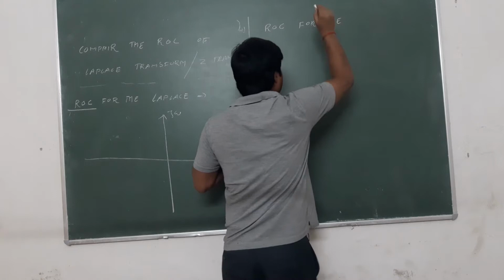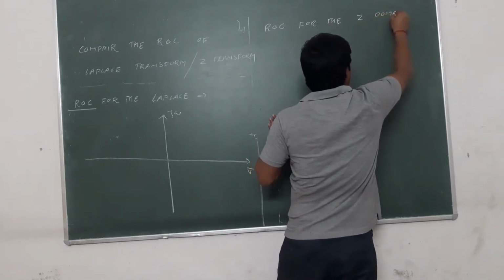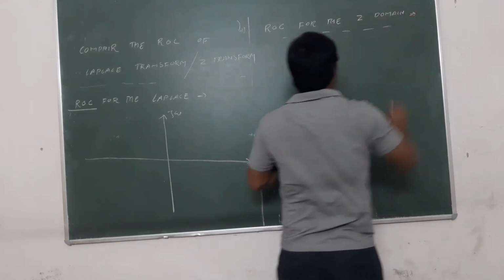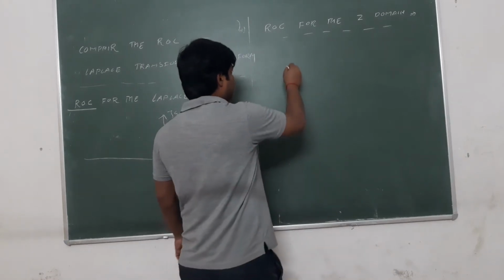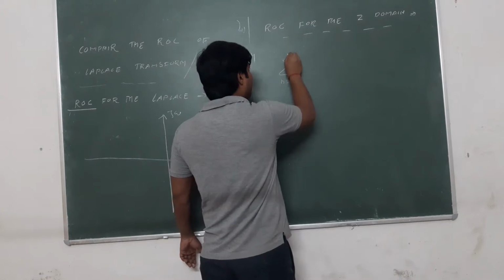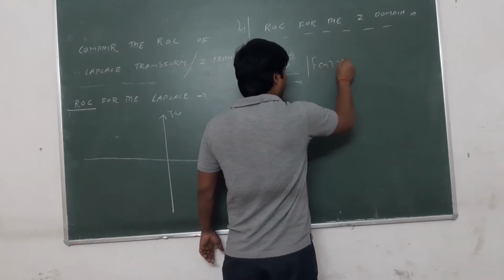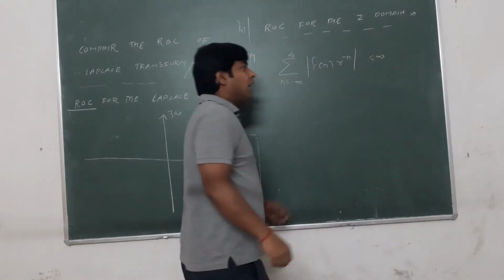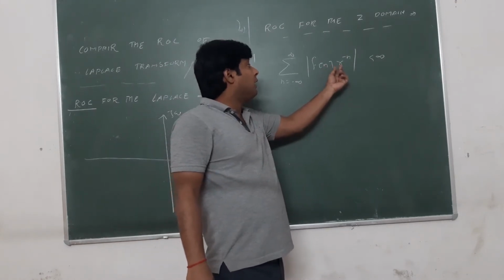What is the structure for the Z domain? What is the condition to find the ROC of any signal? The condition was the sum from n equals minus infinity to infinity of mod f[n] r to the power minus n should be less than infinity.